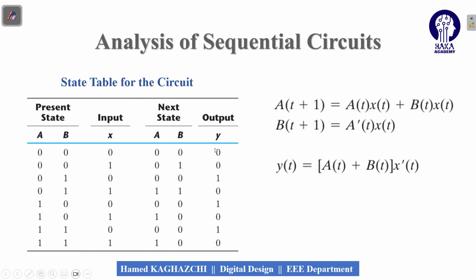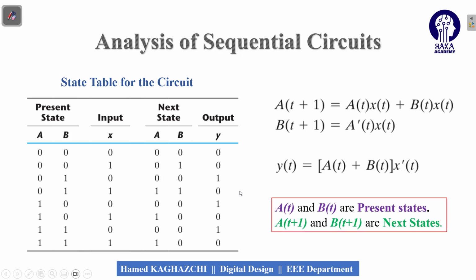For example, if I want to find this one, A(t) is 0. Look here, you cannot use A(t+1), B(t+1). You have to use A(t). So you can find that the output will be equal to 0. Similarly, for the rest of the possible combinations, you can find the next state and output. Now, we can represent this state table in another form.